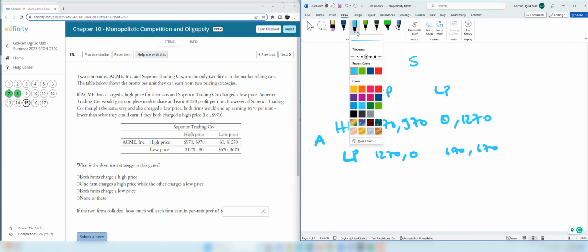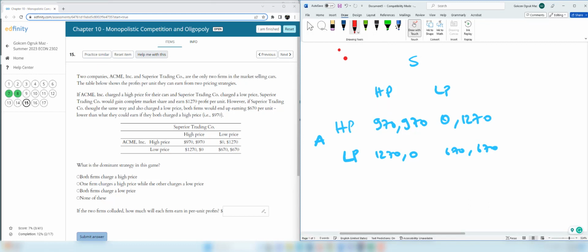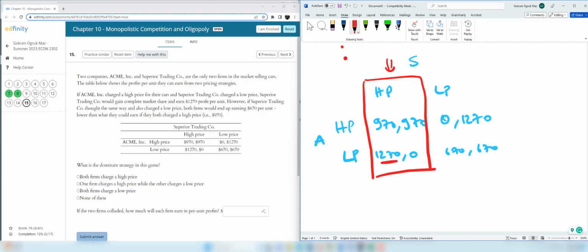Now we are going to play the game first for Acme. Acme has two options, high price, low price, and if for sure Superior chooses, we need to find what is the best response for Acme. Acme chooses high price and gets 970, or chooses low price and gets 1270. So this is the best response if Superior plays this column.